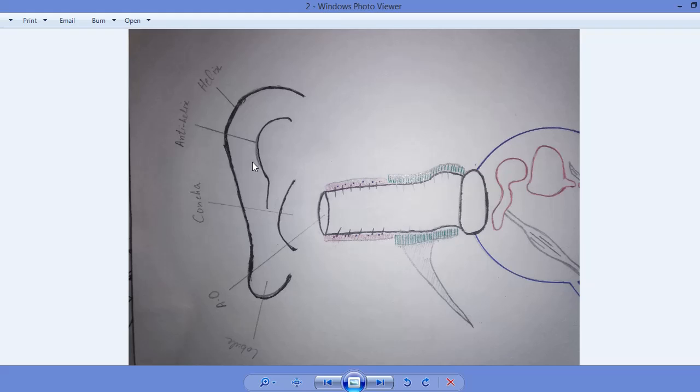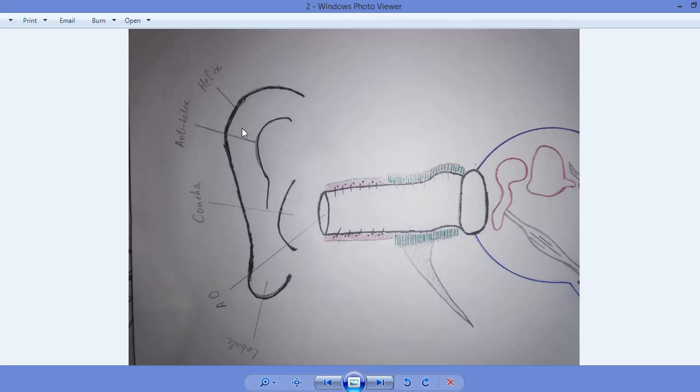Because if the sound waves are bouncing off the anterior surface, it means that the sound waves will also come in contact with this concha, and if the sound waves are coming to the concha, that will eventually lead to the external acoustic meatus. If the sound waves are going to strike this helix anteriorly, it means that this sound wave will also strike this area, and that will go through the external acoustic meatus.